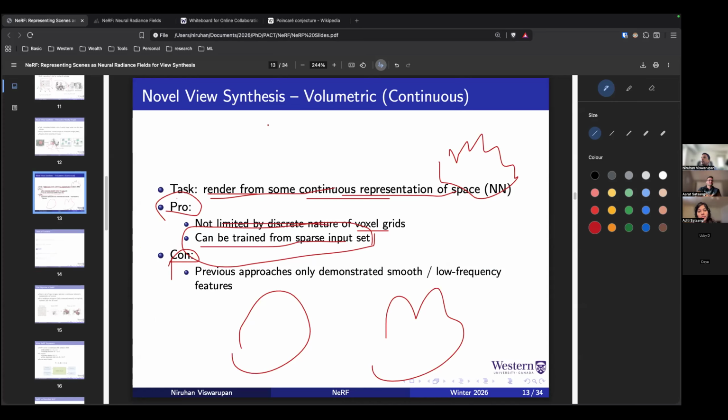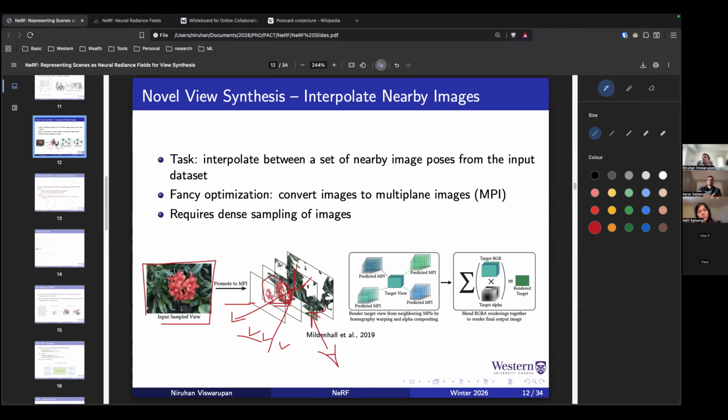I would also like to think, let's say you have a tree here, and you want to do this interpolation of nearby images from any angle.